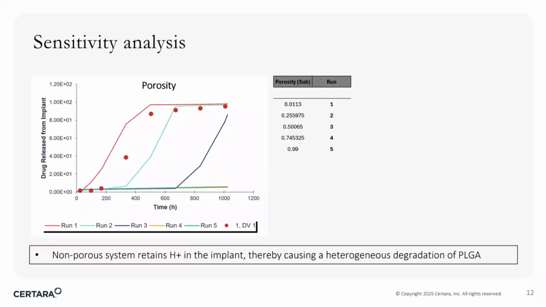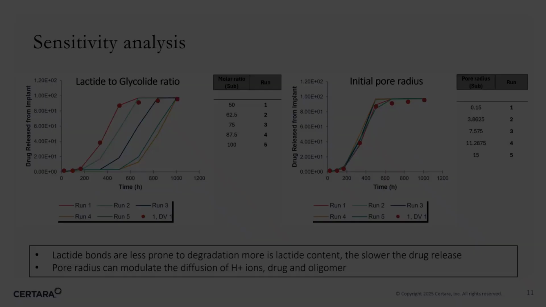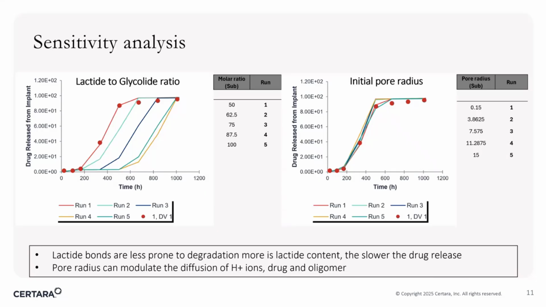I was curious whether there was any data for that. In theory, it makes sense, but if you wanted to use a model like this for regulatory filing, we would probably need to bracket this plot here on the left. I guess the yellow line is 0% glycolide, right? Yeah, it's 100% lactide, which means 0% glycolide.